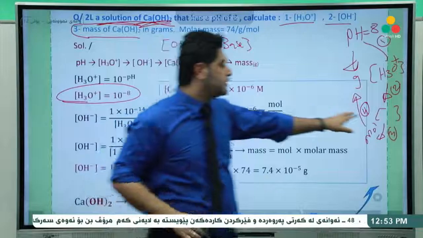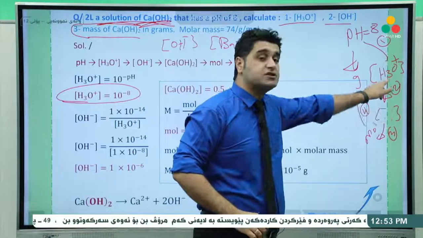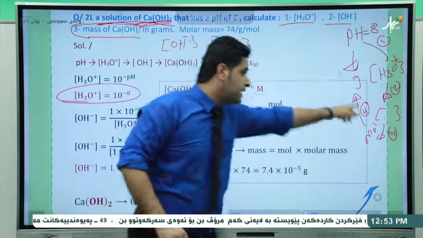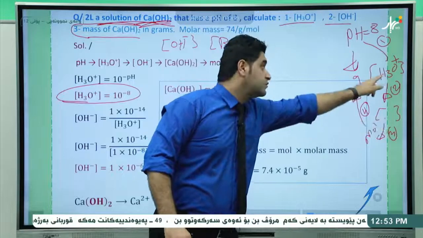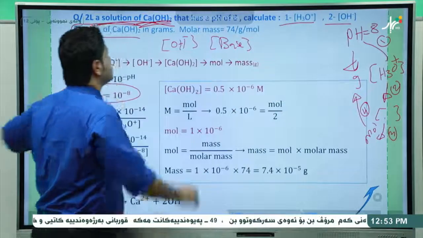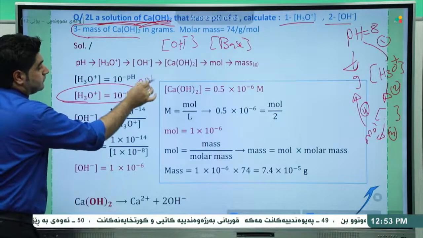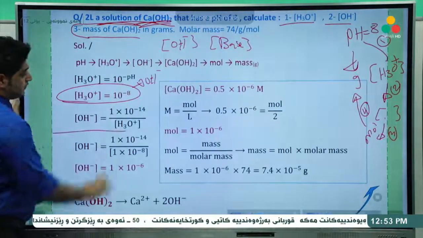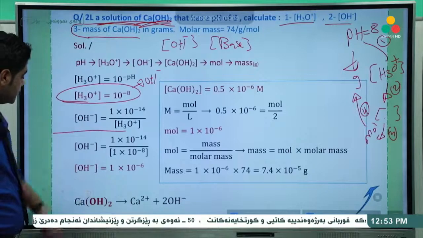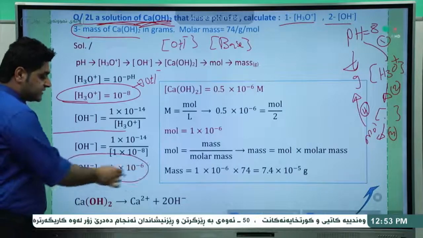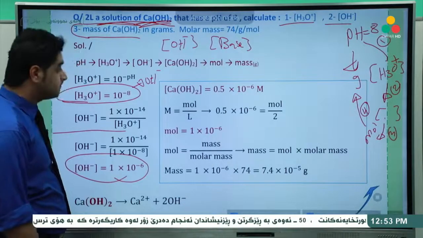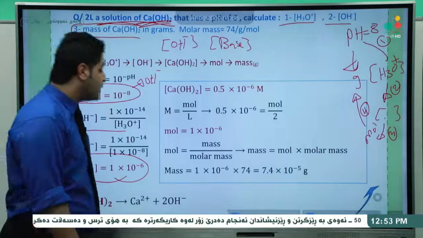We have a plan for calculating OH, but we have hydronium ion. We have a plan to calculate the concentration, but we have hydronium ion. So we should convert hydronium into OH. This equation is the Kw equation. So OH is equal to 1 times 10 to the negative 6. Well, teacher, now we have OH.